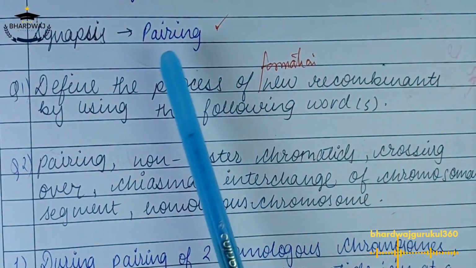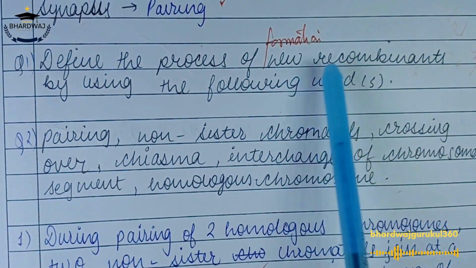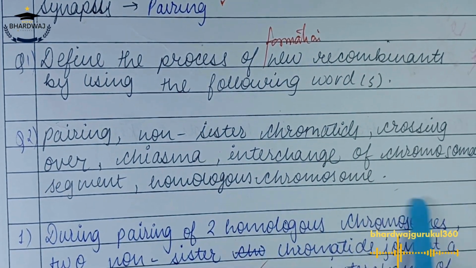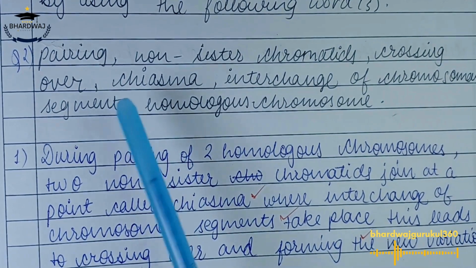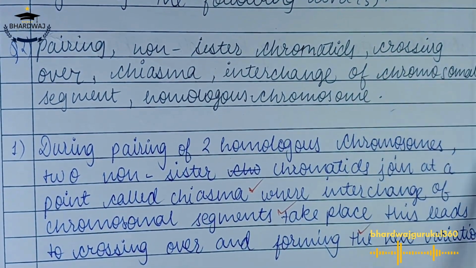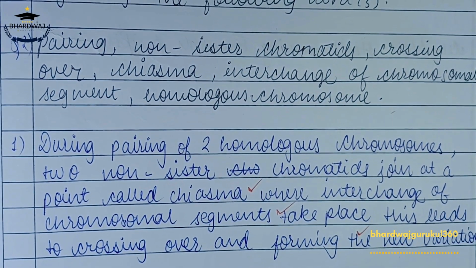Synapsis means pairing. Define the process of formation of new recombinants by using the following words. So these are the keywords which are given: pairing, non-sister chromatids, crossing over, chiasma, interchange of chromosomal segment, and homologous chromosomes. So now let's look at the definition.